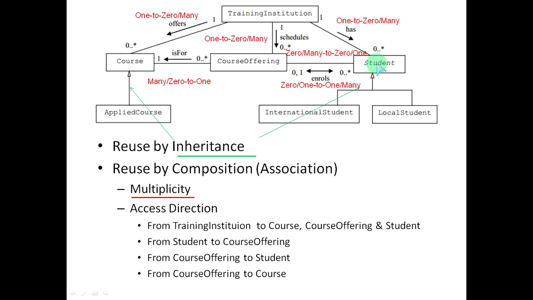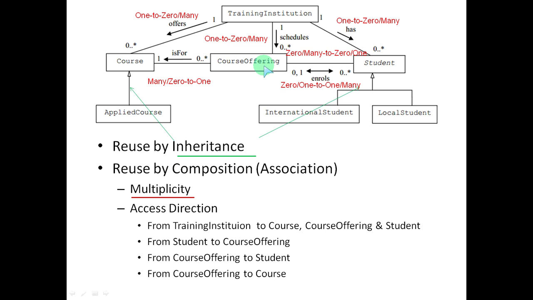And the relationship from student to course offering is that a student may have one or zero course offerings, because it can take up a course offering once at a time, right?